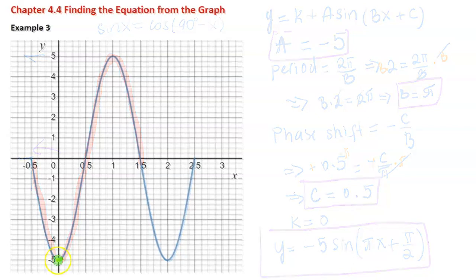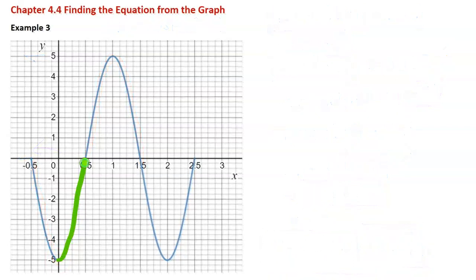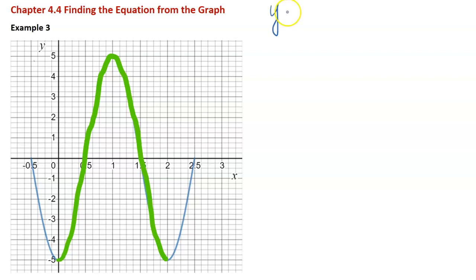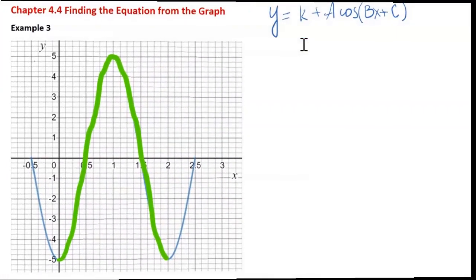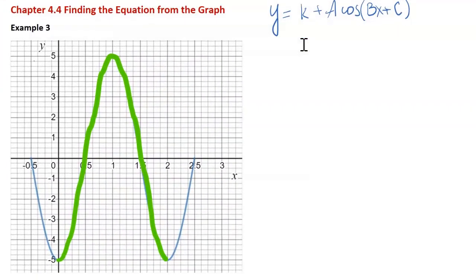Let's now look at the same graph from the cosine perspective. General form of the cosine graph is y equals k plus a cosine of bx plus c. The amplitude is equal to 5, and because the graph is reflected about the x-axis, a is equal to -5.